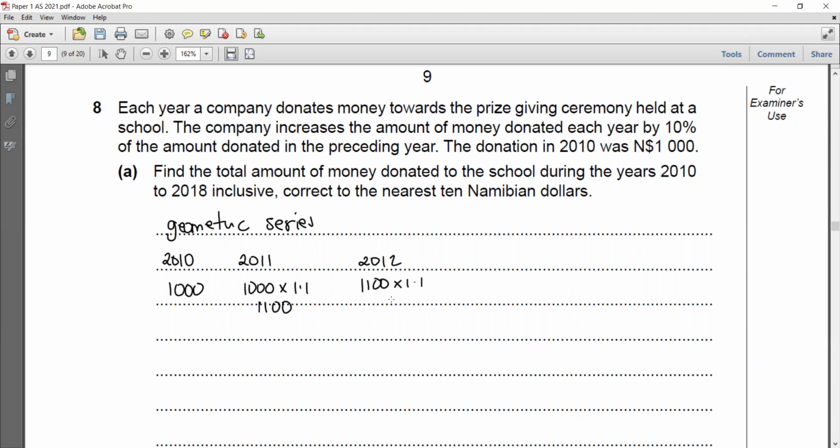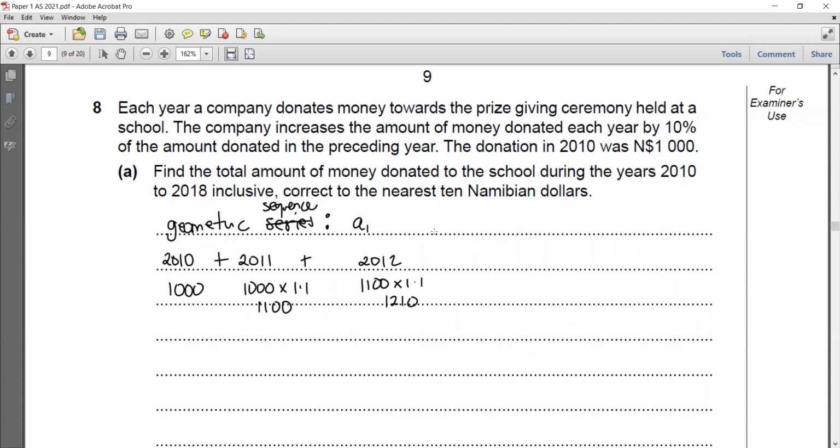This will give me 1,210, and then I would continue. So you can see that with each amount, to get the next one, I just multiply by 1.1. So this is in fact a geometric sequence. It becomes a series when I now add all the terms together. Okay, so with the geometric sequence, we need to figure out what is our A1 or the first term.